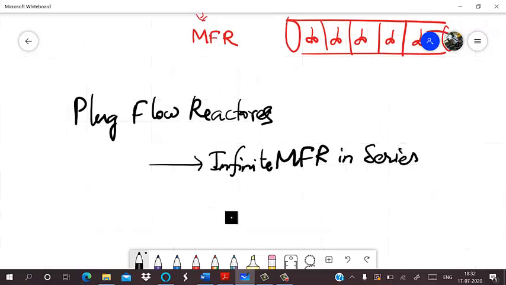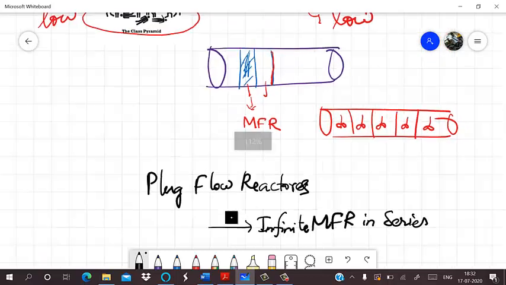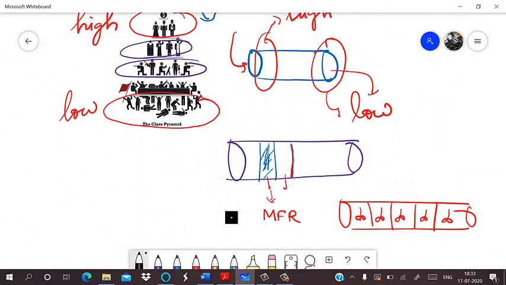So when there are a large number of MFRs in series, they will tend to behave like a PFR. Even if there are only 2 MFRs, they will start to behave like a PFR. Okay? So I hope this analogy was clear.